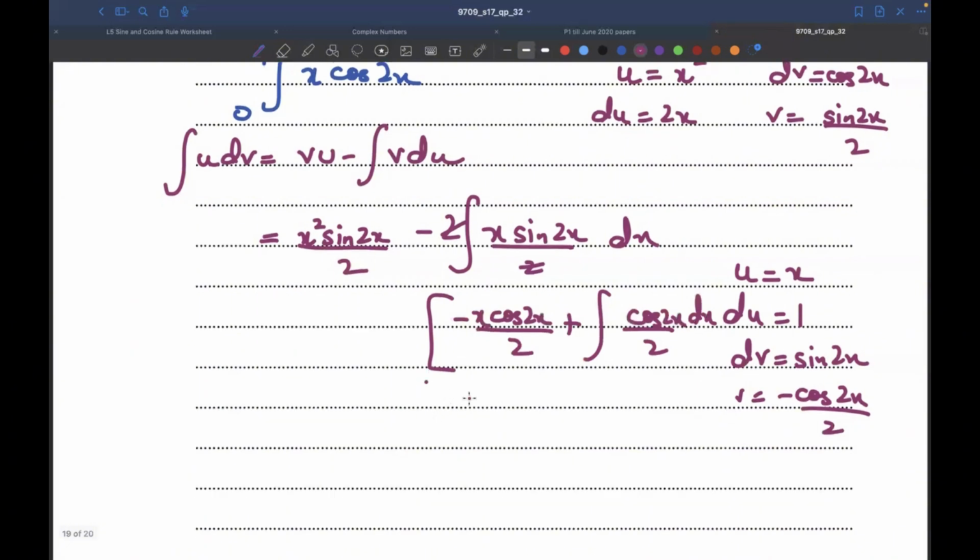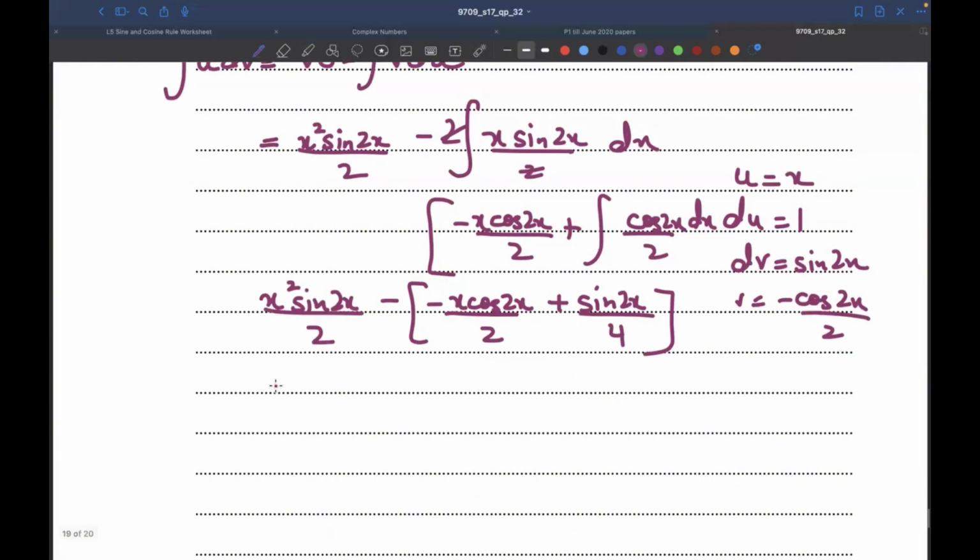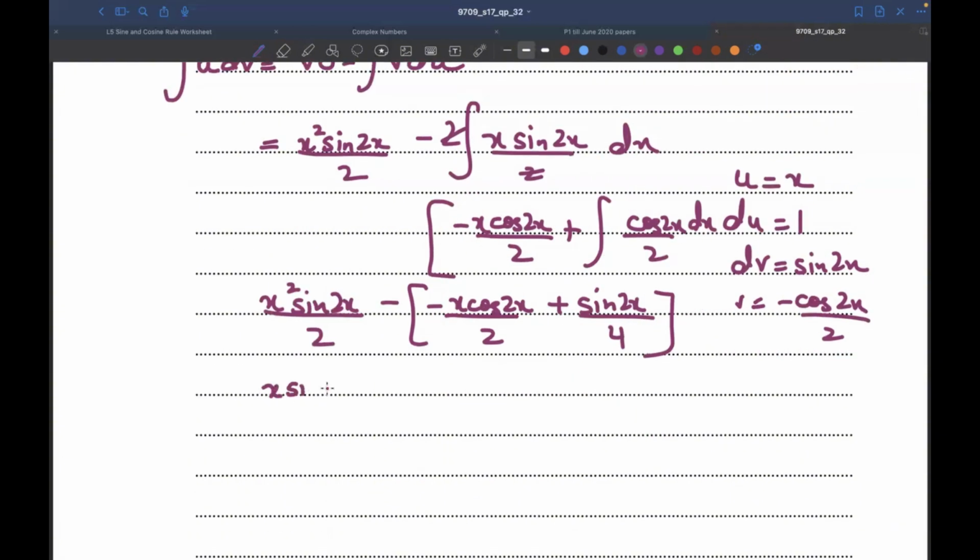So this is minus x cos of 2x upon 2. Integral of cos is sine, so this will become plus sine 2x, and then we divide by 2 again, so this will become a 4. We have a minus sign outside, and this remains as it is. Now simplifying this, we'll get x square sine 2x upon 2 plus x cos 2x upon 2 plus sine 2x upon 4.